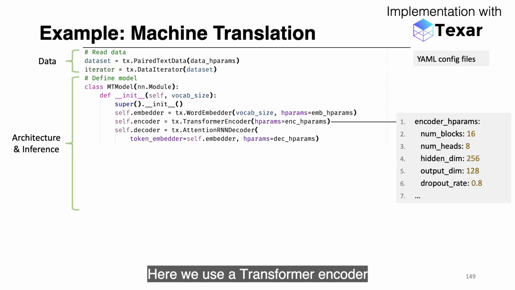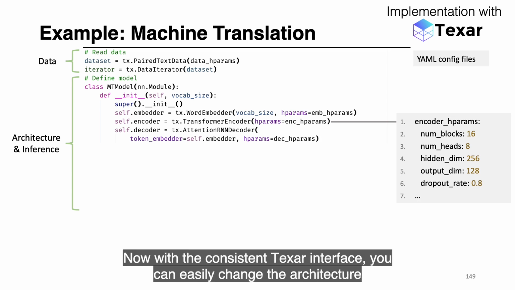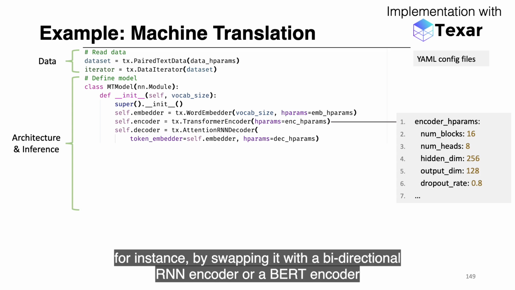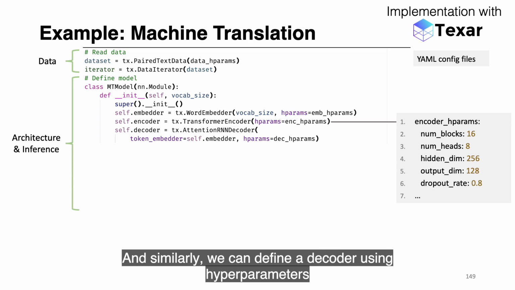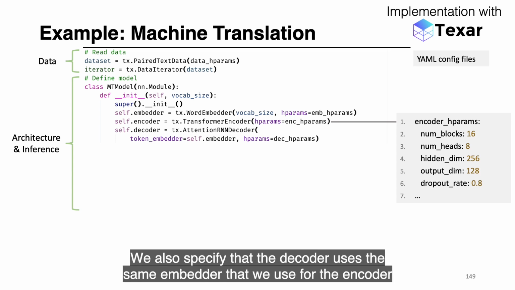Here we use a transformer encoder. Now, with the consistent Texar interface, you can easily change the architecture, for instance, by swapping it with a bidirectional RNN encoder or a BERT encoder. And similarly, we can define a decoder using hyperparameters. We also specify that the decoder uses the same embedder that we use for the encoder.